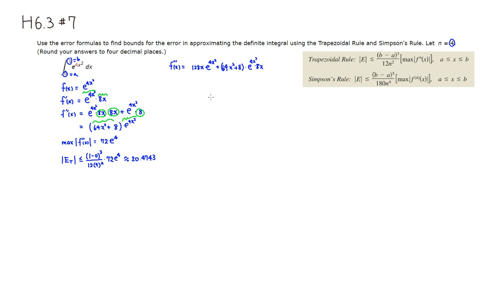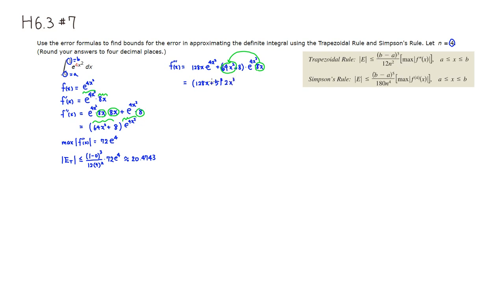Interchangeable. We need to simplify first. I'm going to have 128x. Then we have to distribute that 8x to 64x squared. 64 times 8 is 512, so it's going to be 512x cubed.